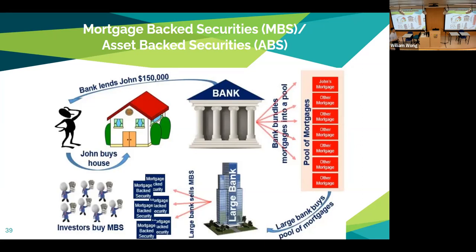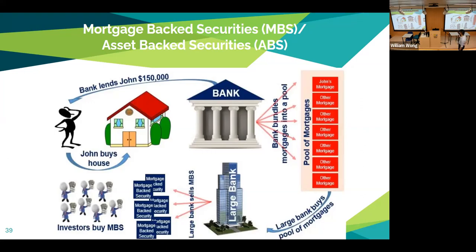So let's say John here, an individual, a single person, bought a house. Of course he cannot pay the entire amount, so he borrows from the bank. The bank lends John $150,000, and the bank will not just do a single business with John. The bank will probably do this for many borrowers.